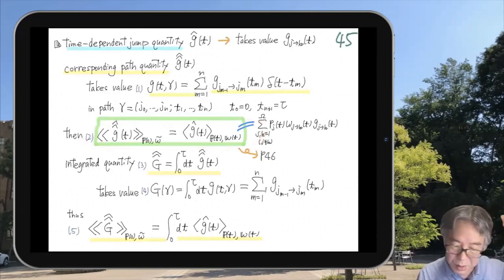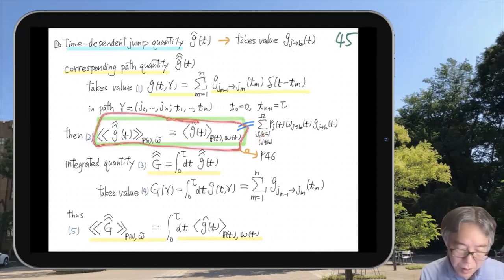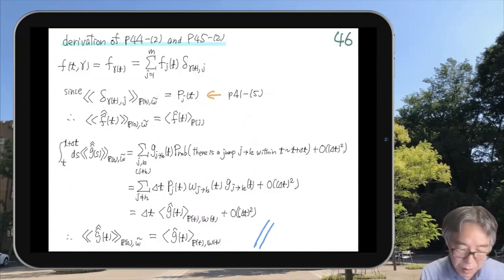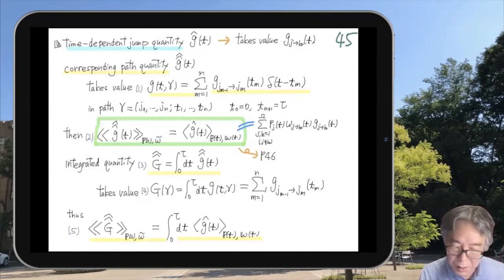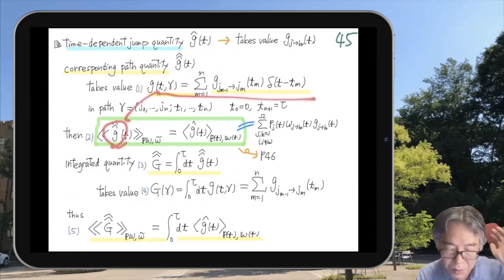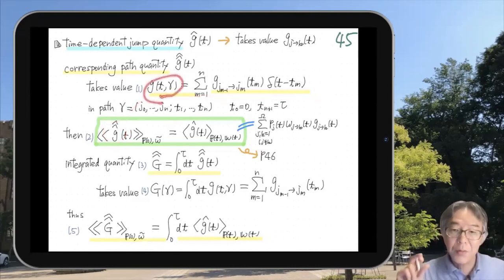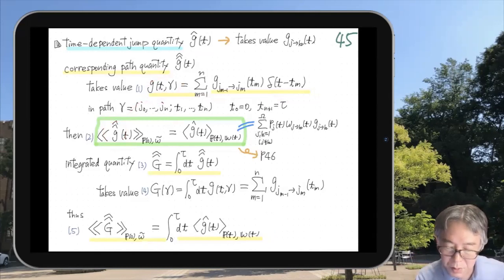Okay, this is easier, and in order to show the relation for G, we have to think a little bit. Now to show this, we first of all integrate this over a very small interval. So delta t is a small quantity, and we integrate this expectation value in this time interval, okay? And then we look at this. So this takes value this, and we integrate this in a very small time interval, okay?